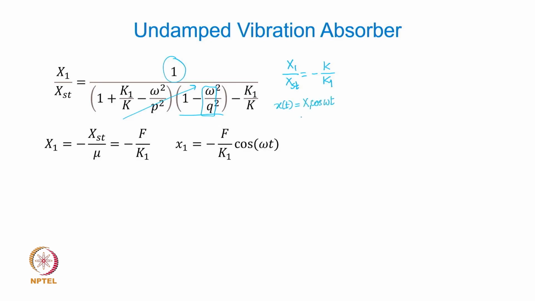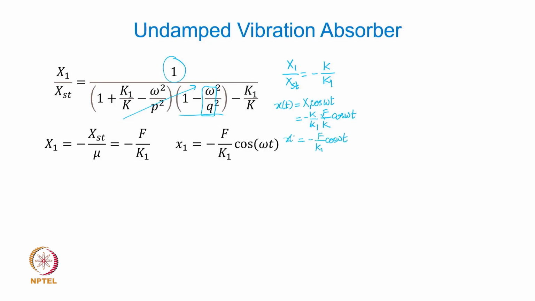So now if I replace this x1 from the top equation, then it is basically minus of k upon K1 XST. Now I can replace XST. What is XST? That is F by K, cos omega t, is it not?